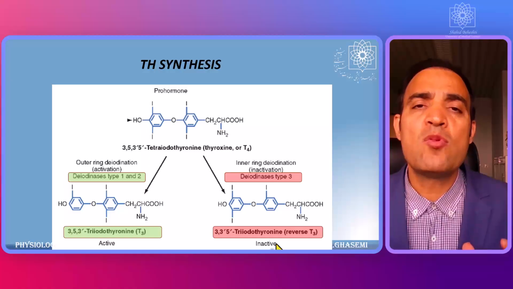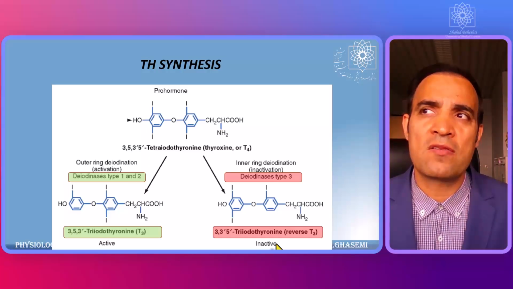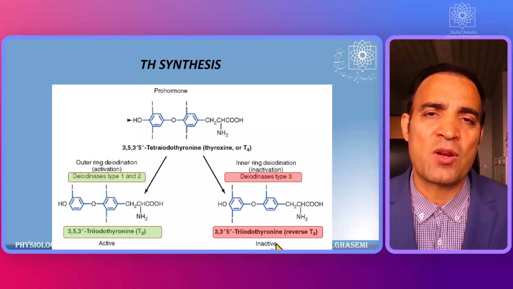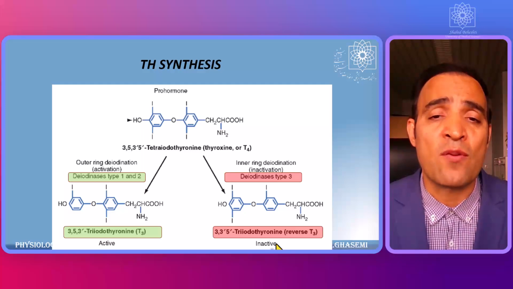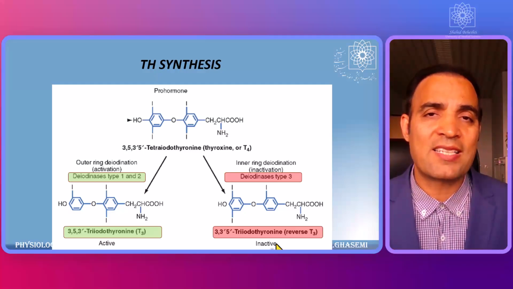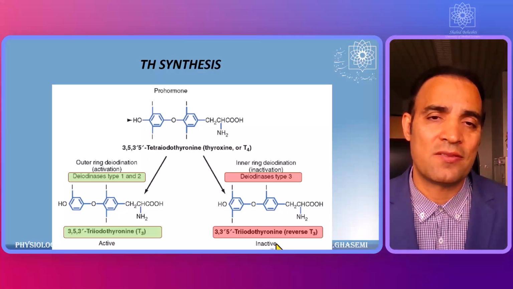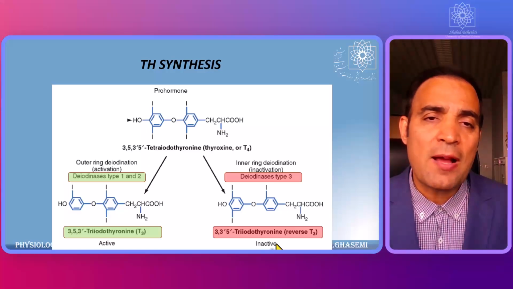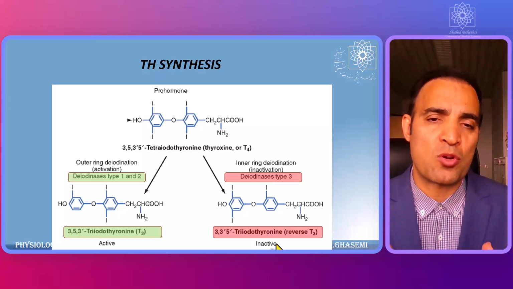Normally, the most abundant hormone, the most frequent form released from the thyroid gland, is T4. Even though we know that T4 is active, its activity is far less than T3. What will happen then? This T4 functions as a prohormone.